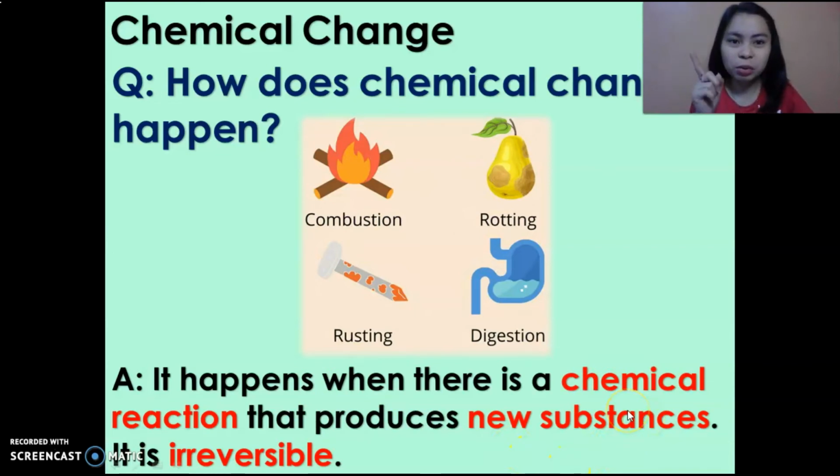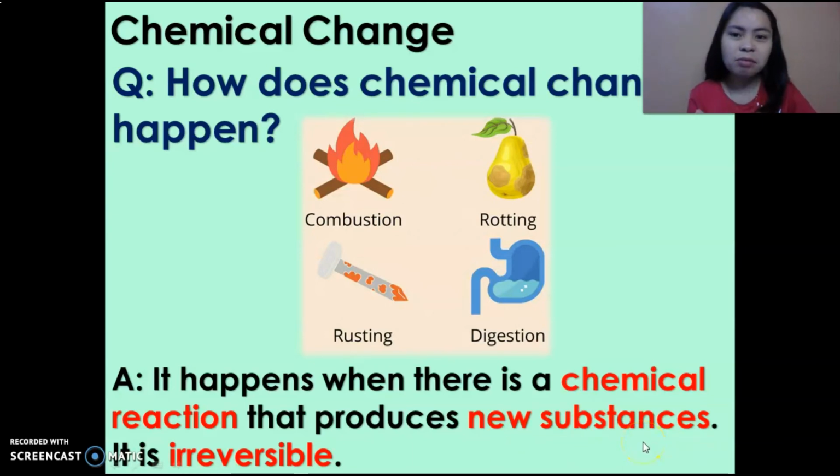Okay, so this is the word now. Chemical reaction. Can you say it to me? Okay, and when there is chemical reaction, it will produce new substance. So for chemical change, you just remember it will produce new substance.